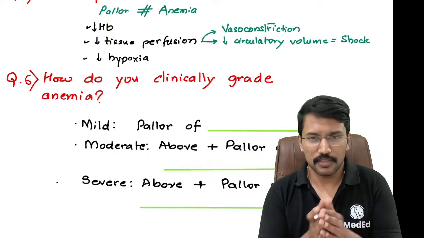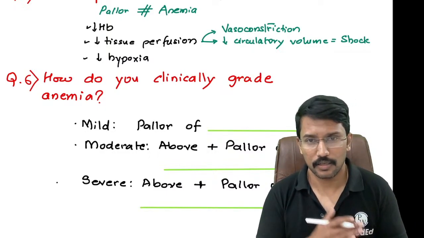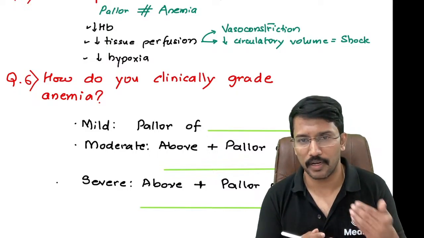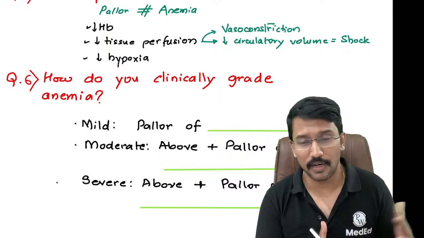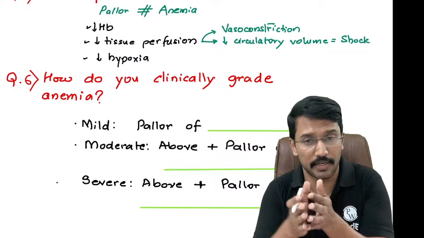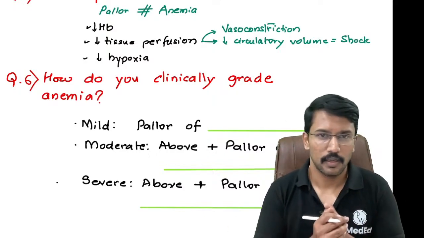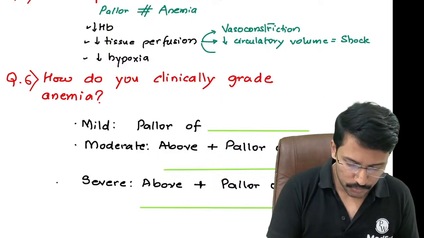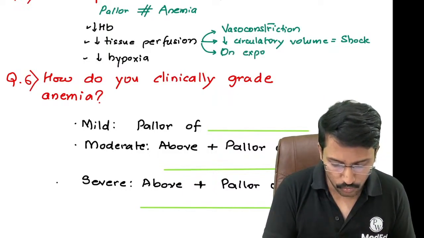Yes, angiotensin 2 is a very potent vasoconstrictor. Apart from that, adrenaline, noradrenaline and dopamine are potent vasoconstrictors. So when these substances are administered to elevate someone's BP in hypotensive conditions, we can develop vasoconstriction and pallor. Tissue perfusion can also be decreased on exposure to cold.